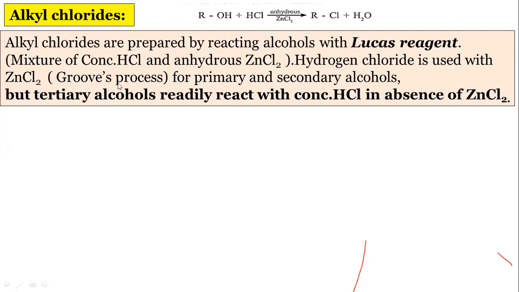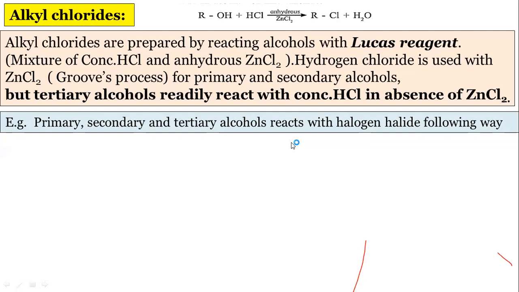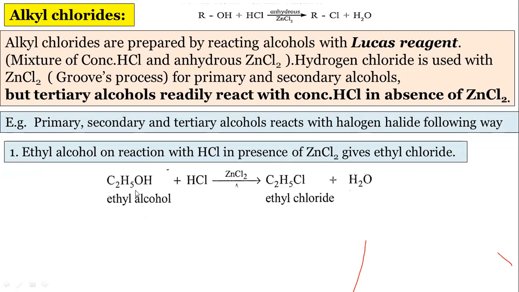Remember the name. In this, primary, secondary, and tertiary alkyl chlorides can be prepared by using alcohols. Some examples are given here. See, ethyl alcohol on reaction with concentrated HCl in the presence of ZnCl2 gives ethyl chloride, C2H5Cl.